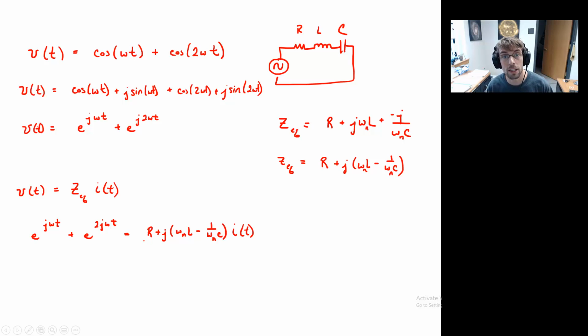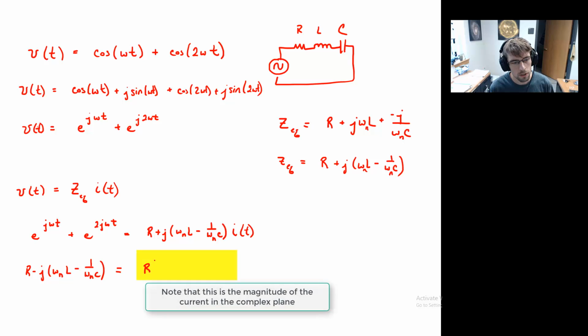Now I'm going to go ahead and go through and multiply by the complex conjugate. And so we end up with something like R minus j omega n L minus 1 over omega n C equals R squared plus omega n L minus 1 over omega n C squared I of t.